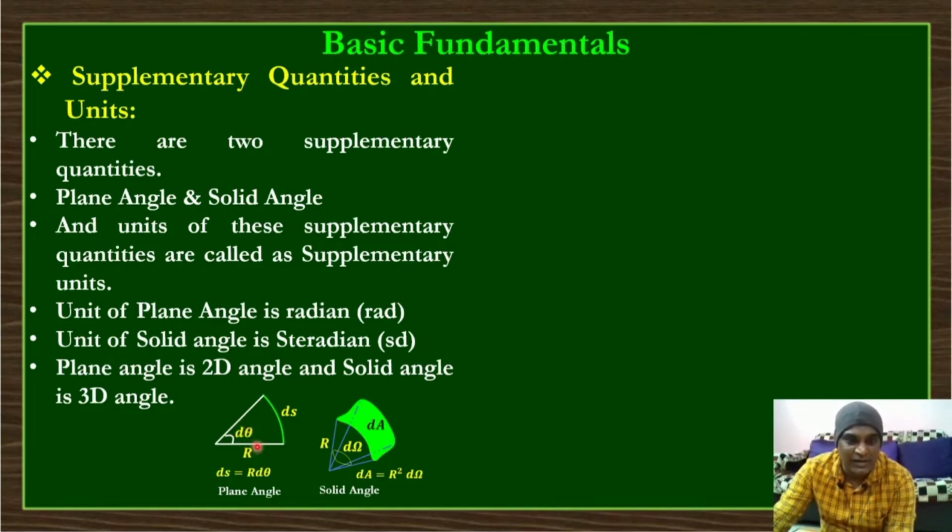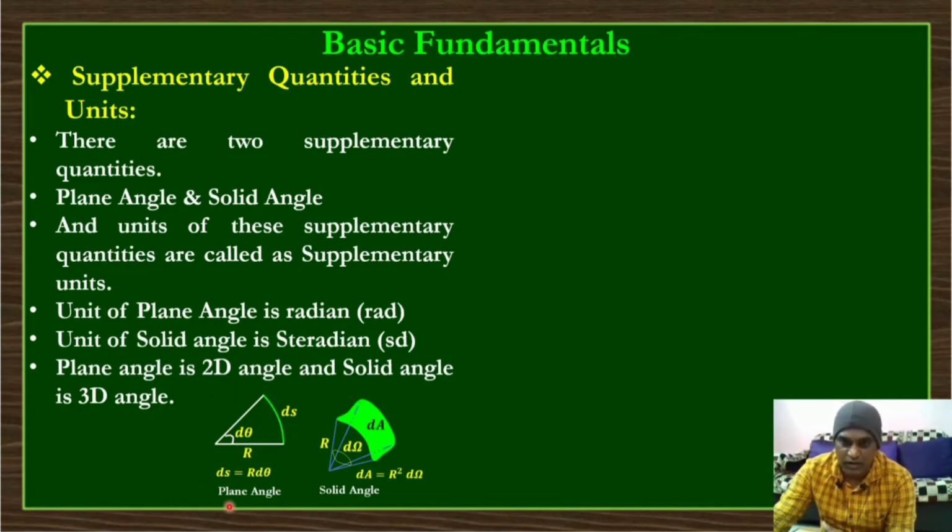So this angle gives you a length of arc, and the relation between this length of arc, this angle and this radius is ds is equal to r into d theta. So this d theta in this relation is called plane angle. Means when a length of arc subtends an angle, that angle is called a plane angle, 2D angle. If length of arc is 2 pi r, then this angle will be 360 degrees, means it will become a circle.